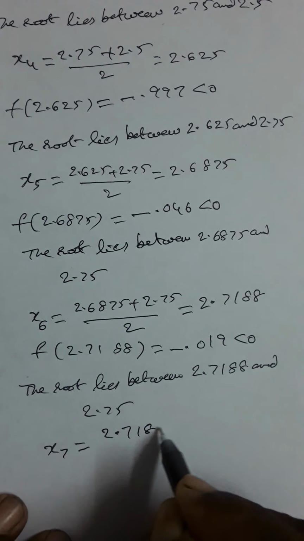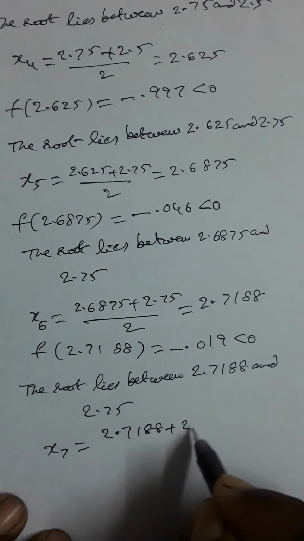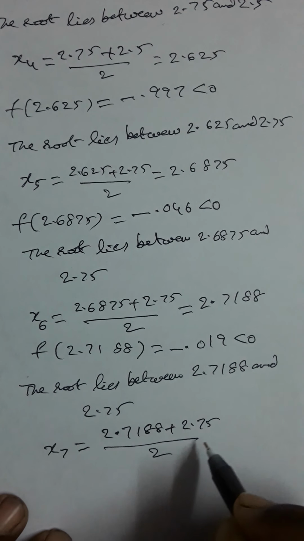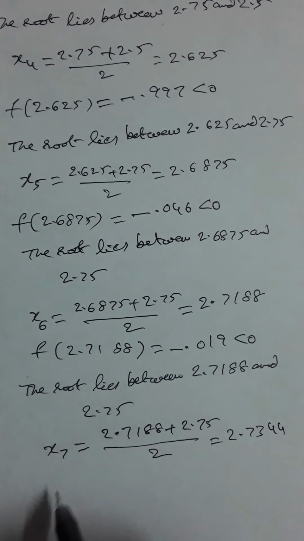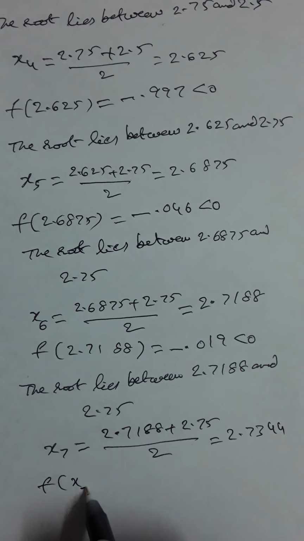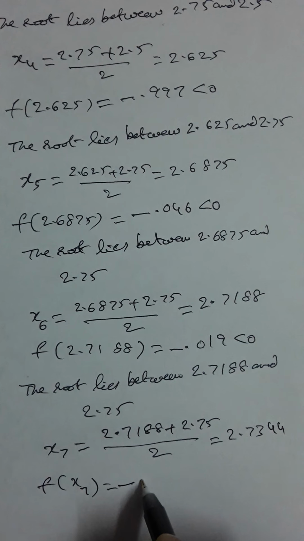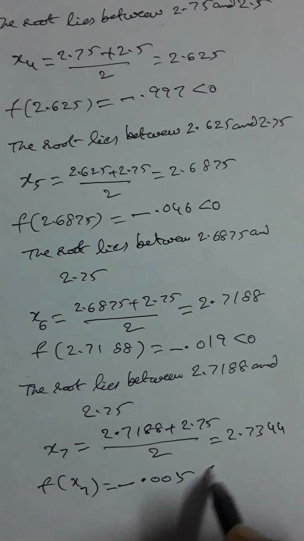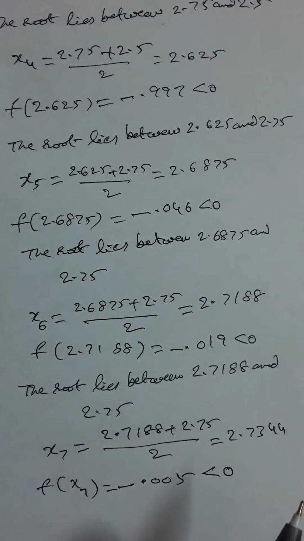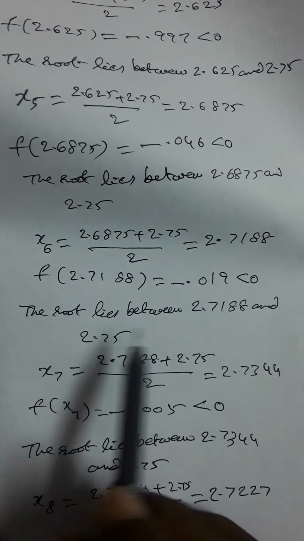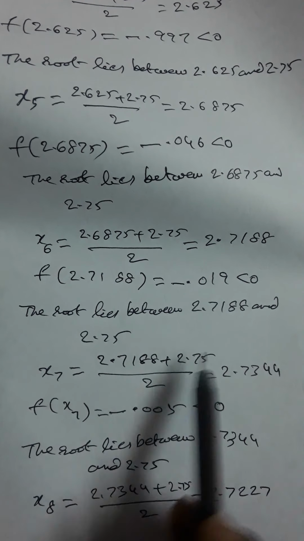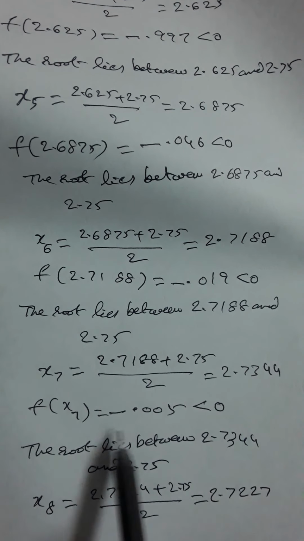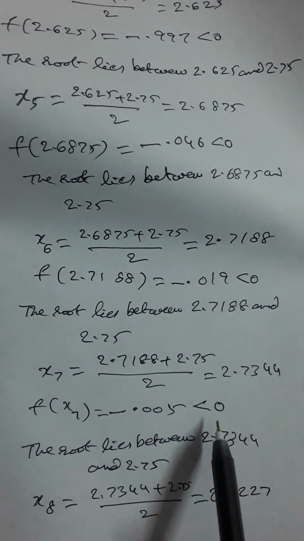Bisection means midpoint. Midpoint means average. 2.7344. f of x7 is minus 0.005, less than 0.